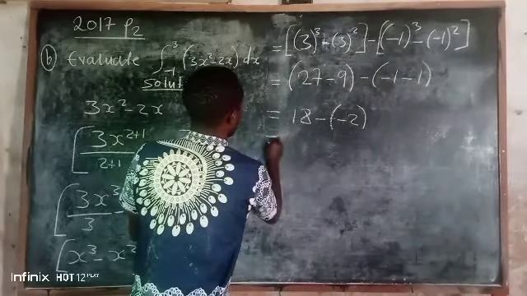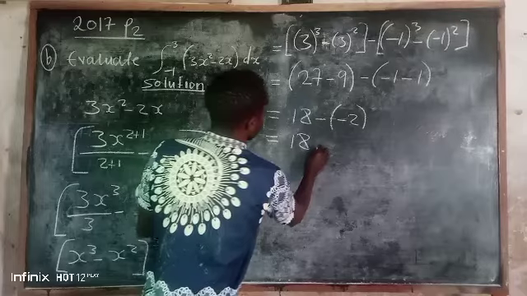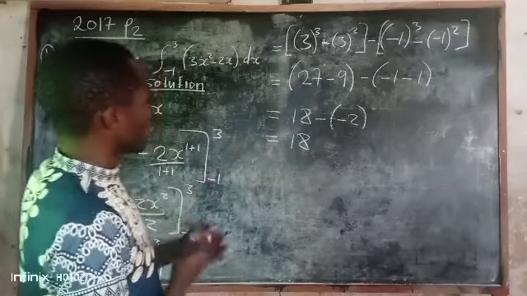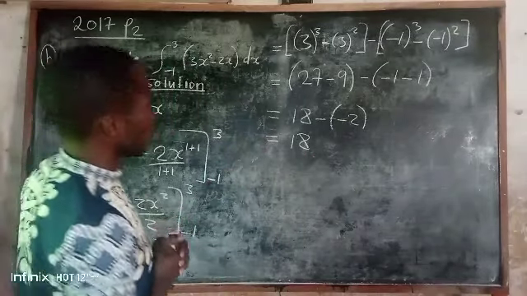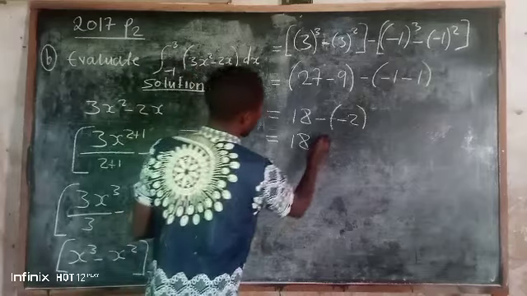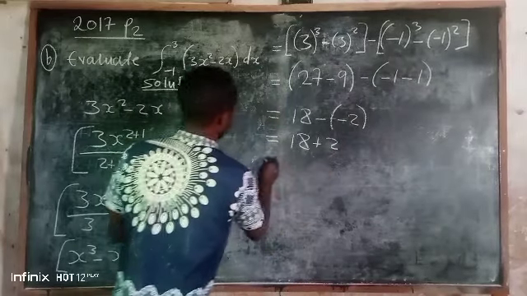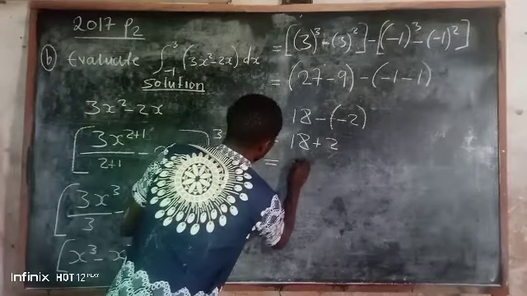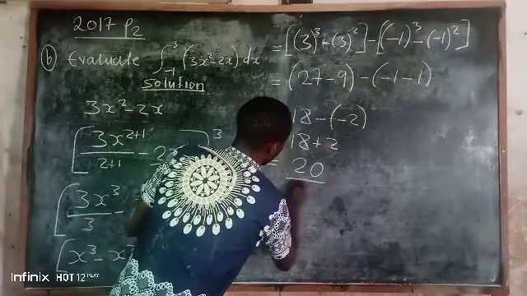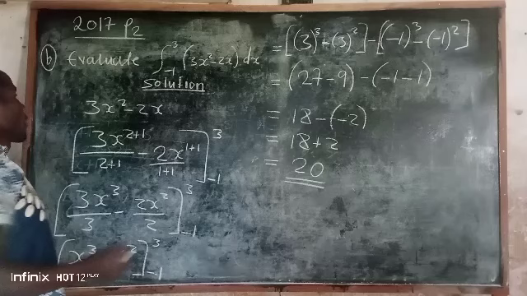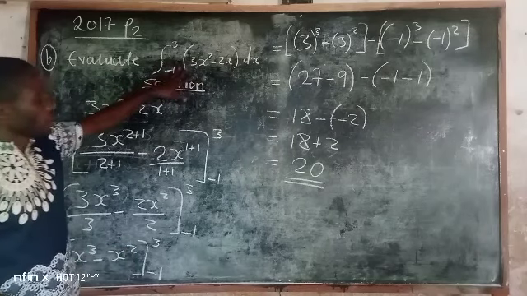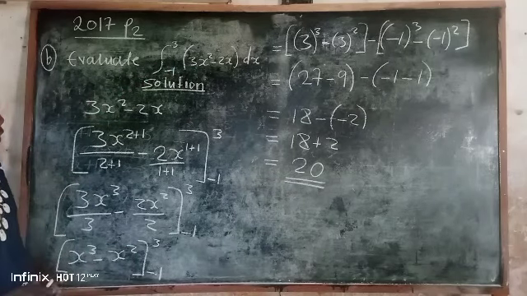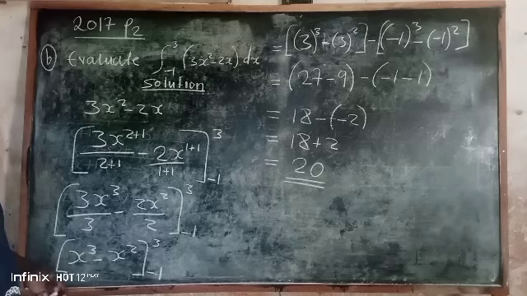To get rid of the brackets, we multiply the signs. Negative times negative is positive. So now, 18 plus 2, the answer is 20. So it means we have evaluated this integral, and the answer is 20. That is how we go about this type of question under calculus. Thank you so very much.